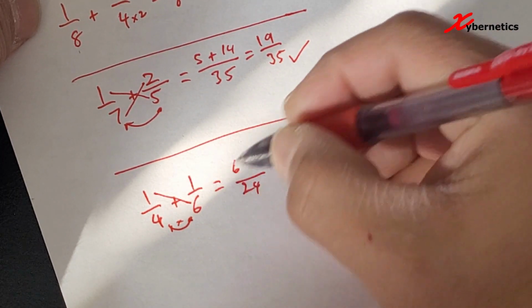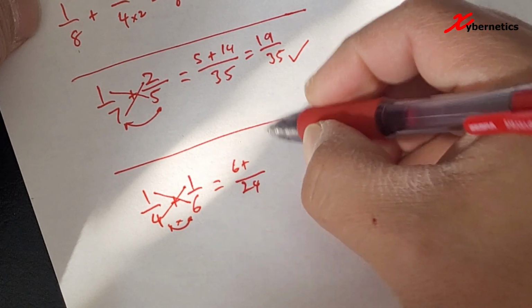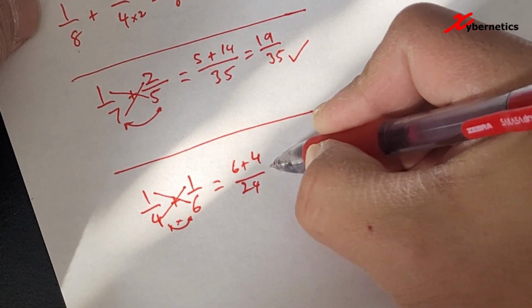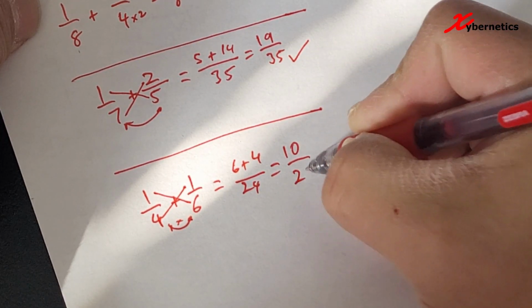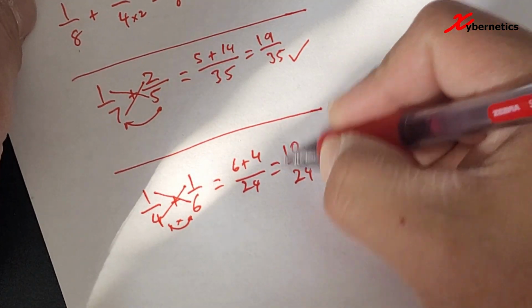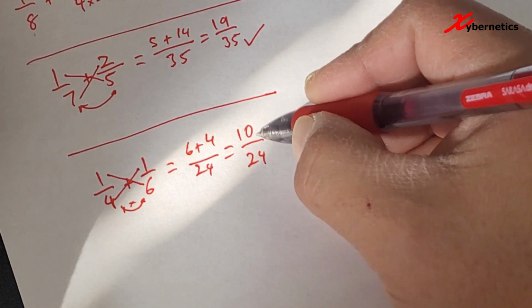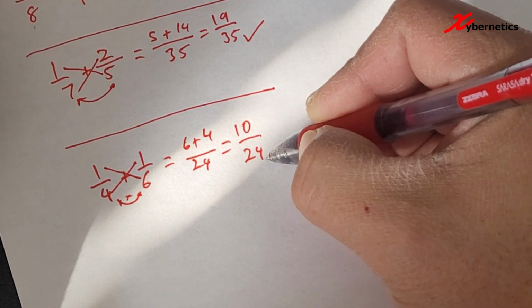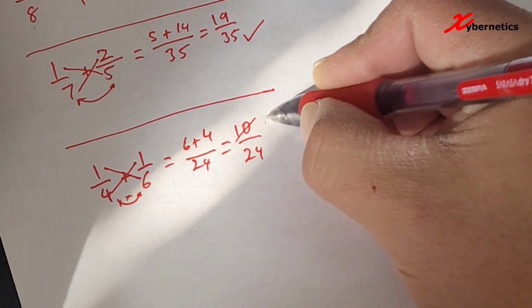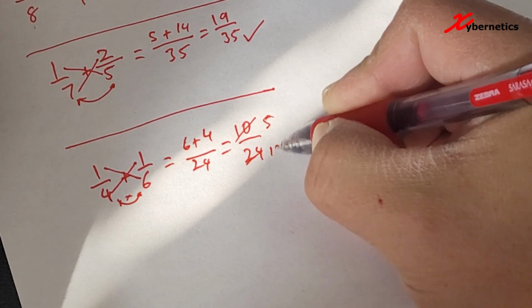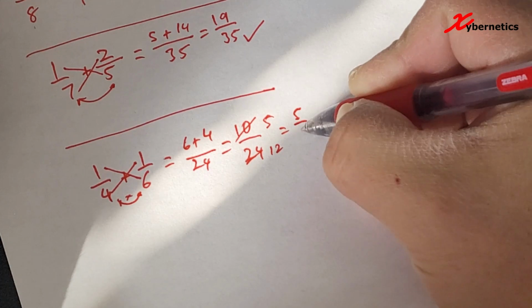So it's 1 times 6 plus 4 times 1, which gives you 4. This ends up with 10 over 24. And you realize that you can further simplify, as the common factor between 10 and 24 is 2. So this becomes 5 and this becomes 12, and the answer is 5 over 12.